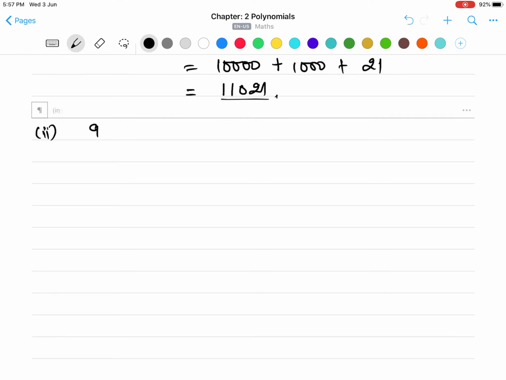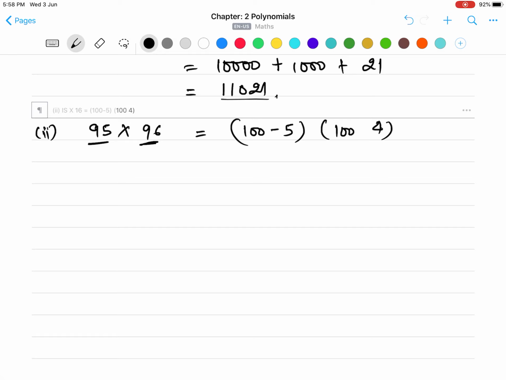We have 95 into 96. This can be written as 100 minus 5 into 100 minus 4. 100 minus 5 is again 95 and 100 minus 4 is again 96.